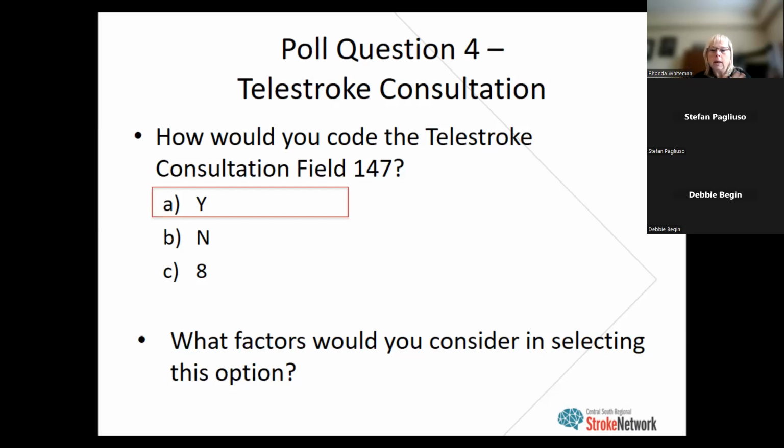As Amy identified earlier, our referring EDs may refer to other specialty services for stroke cases, especially hemorrhages. They may refer to neurology or neurosurgery, and those would not be considered telestroke. So it is important to look at that.